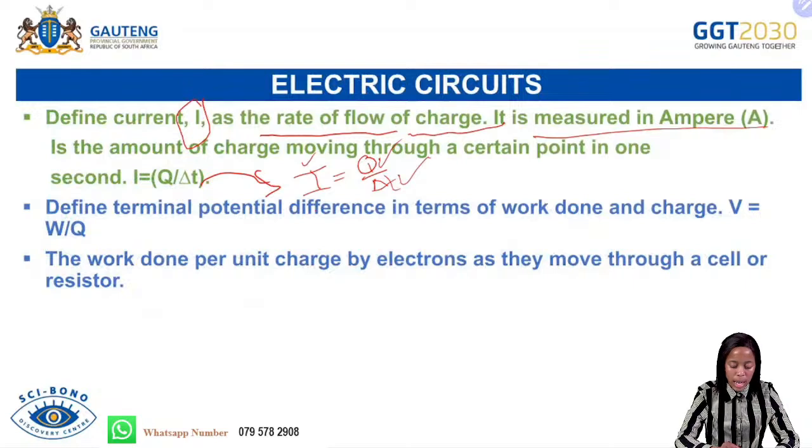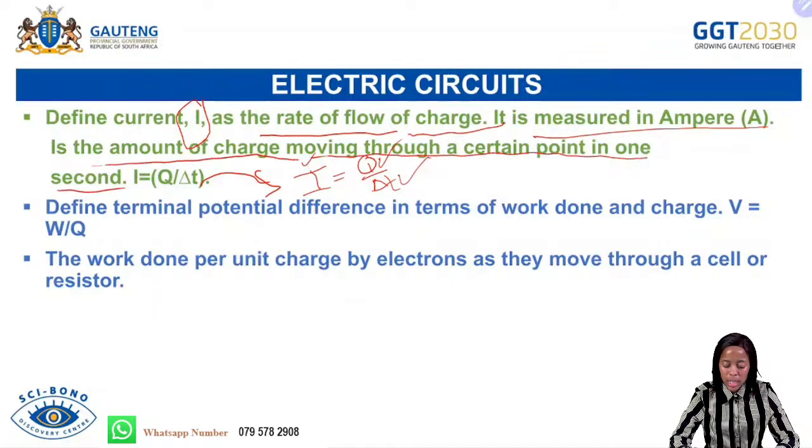Okay. Now it says it is the amount of charge that is moving through a certain point in 1 second. So if they ask you in a multiple choice question, what is the SI unit of current? It is measured in ampere.